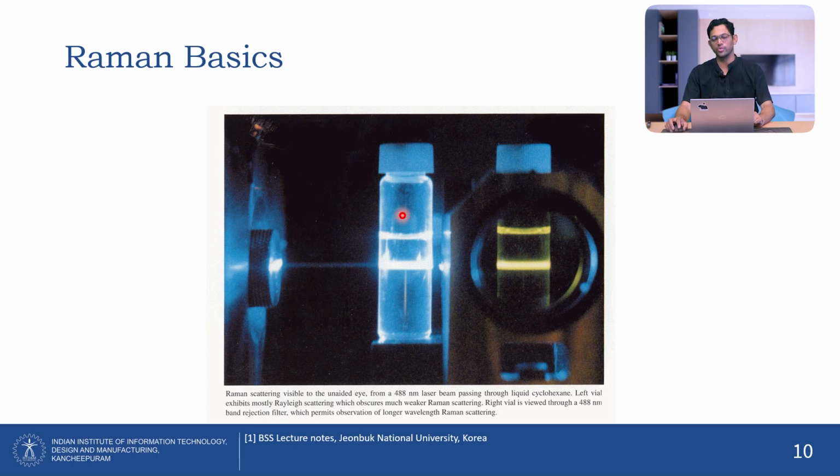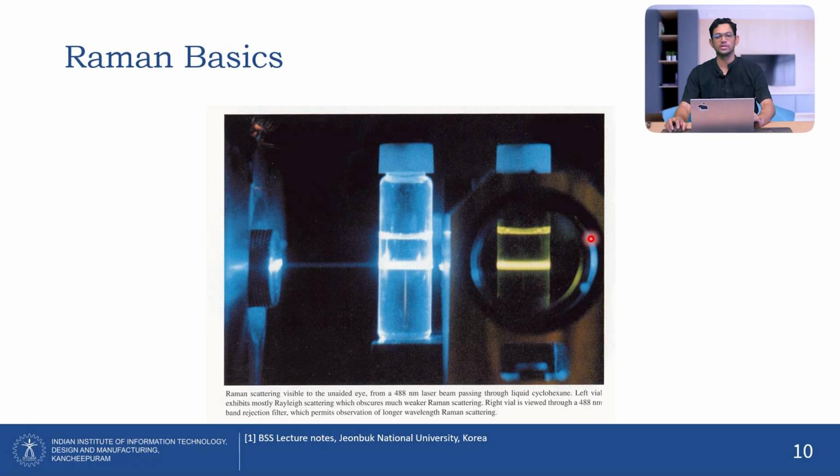On the left, I am seeing this cuvette without any filter, and I can see the blue light coming out of it because I am shining a light at 488. The liquid inside this cuvette is cyclohexane. Now on the right hand side is the same cuvette with the same cyclohexane liquid inside it, but now I am observing with a filter.